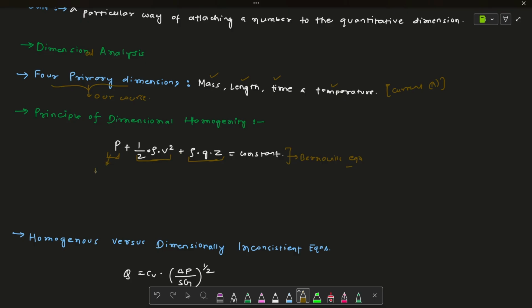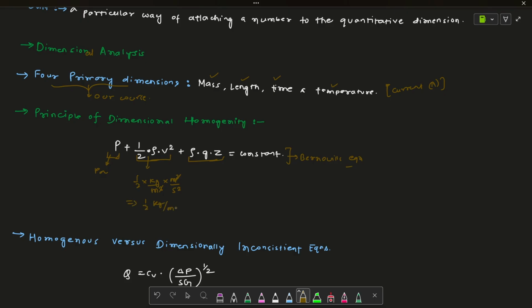If we see this part, half, the dimension of rho is mass by volume, that means kg divided by meter cube. And what's the dimension of velocity? It is meter per second. However, it is a square term, so it becomes meter square per second square. Now meter cube will cancel out here. So what is this? Half kg per meter square.